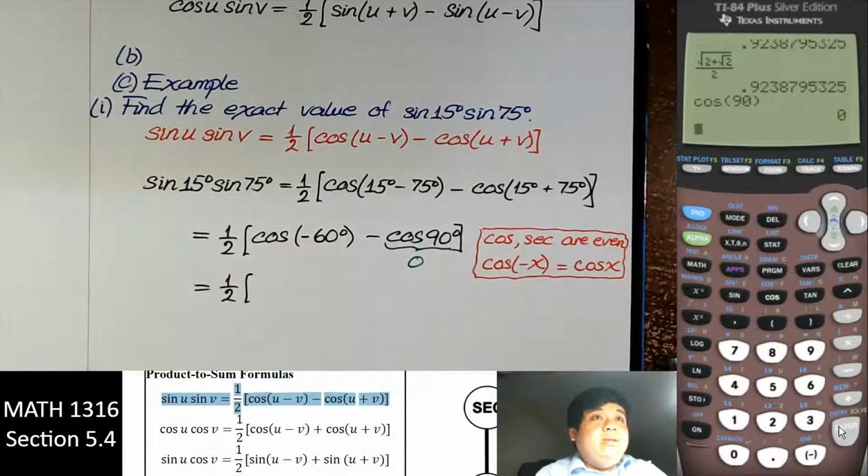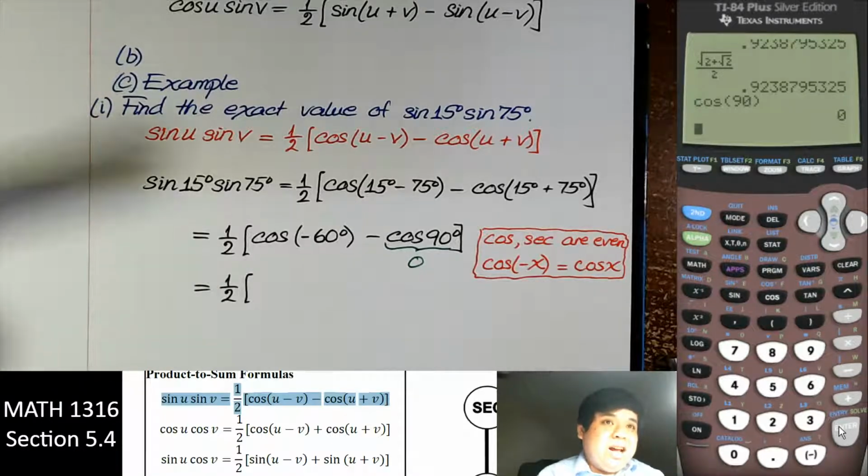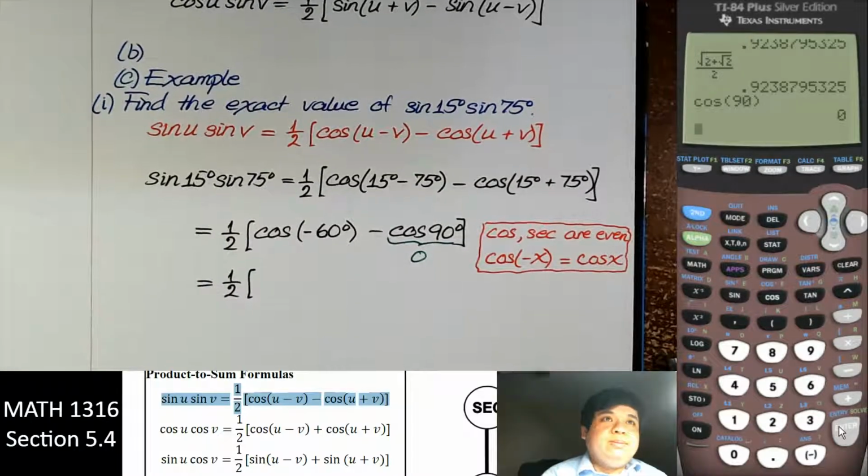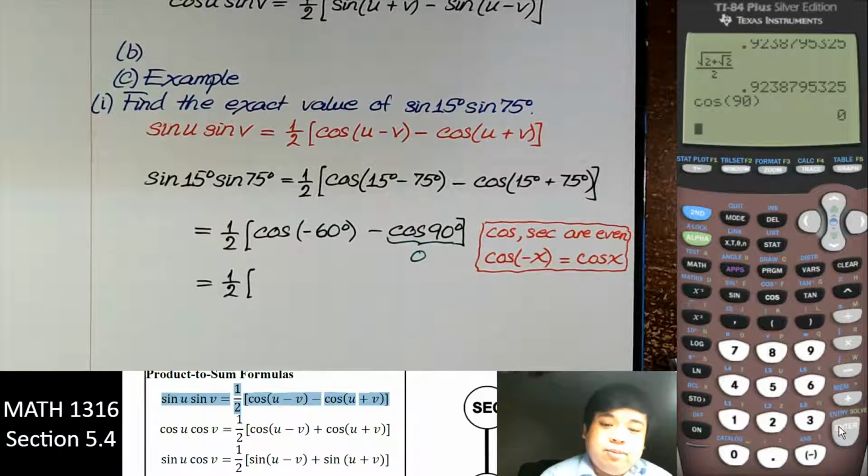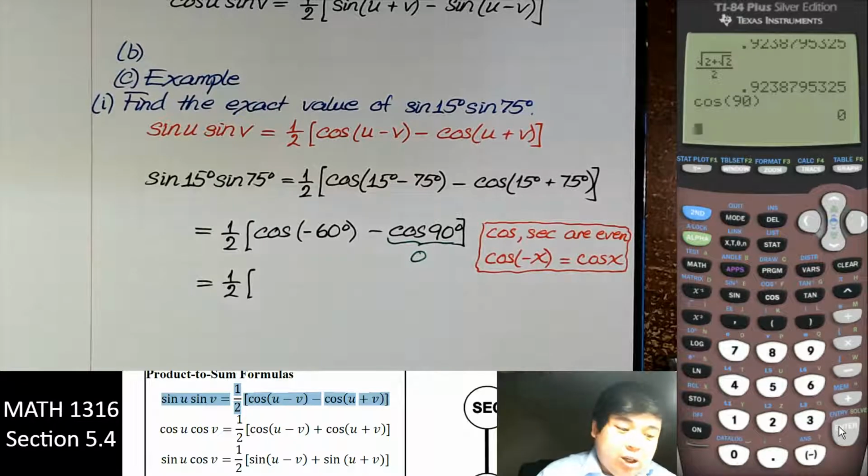Cosine and secant are even, everything else is odd: sine, cosecant, tangent, and cotangent are odd. So 4 odd functions and 2 even functions, cosine and secant. Make sure you know that when you take the test.